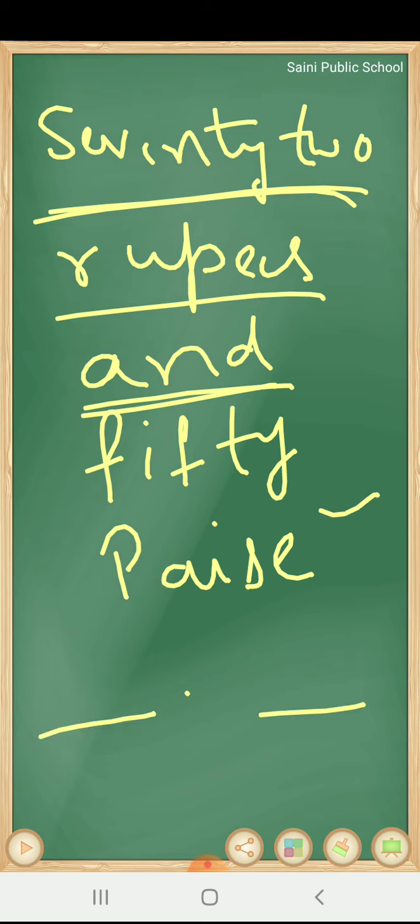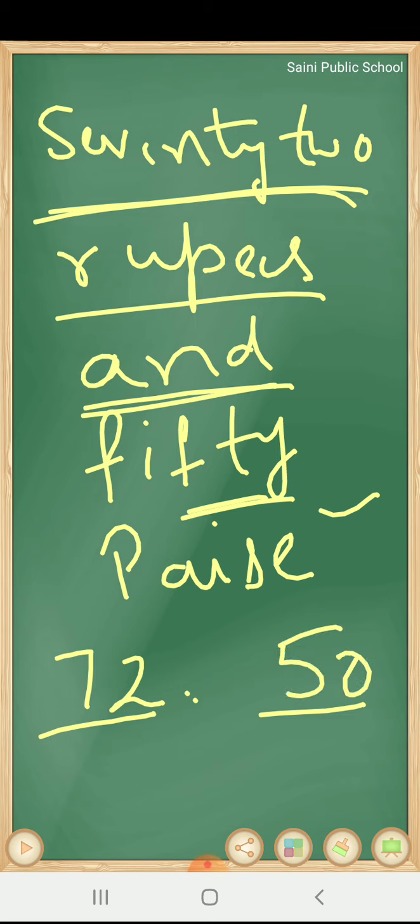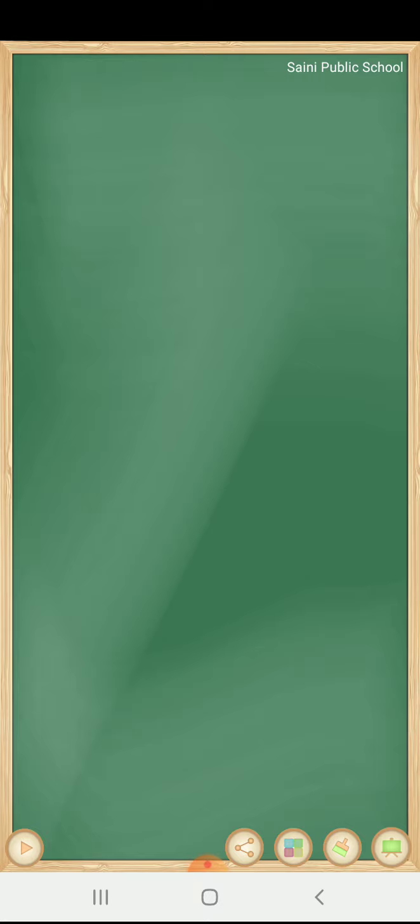So 72 rupees, here I will write 72. And means dot. Now how many paise? 50 paise. So here I will write 50 and we will write here the rupees symbol. Okay, very simple.